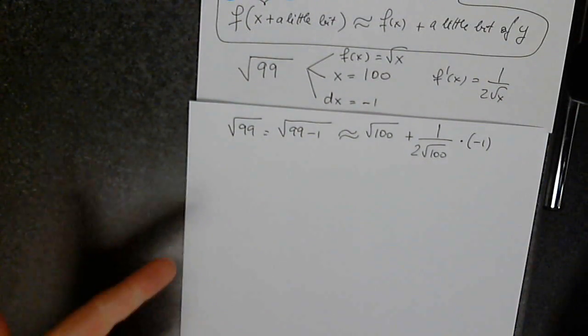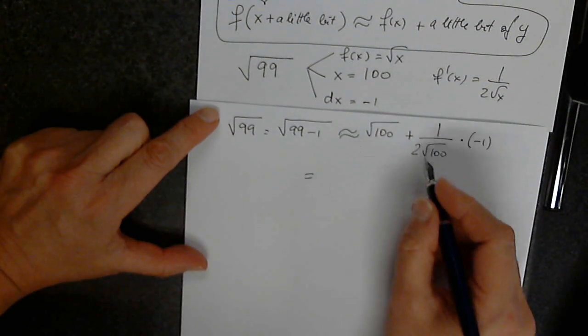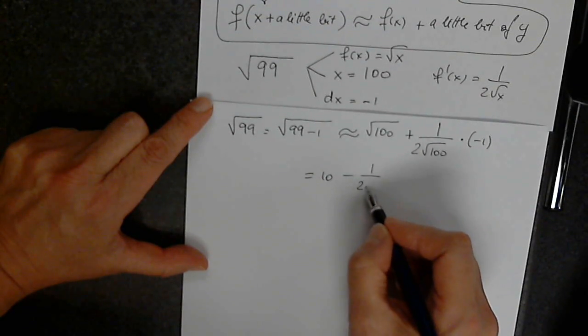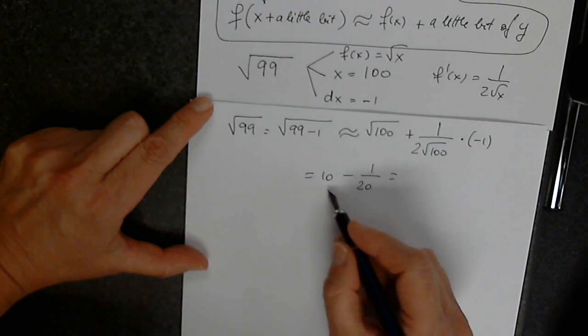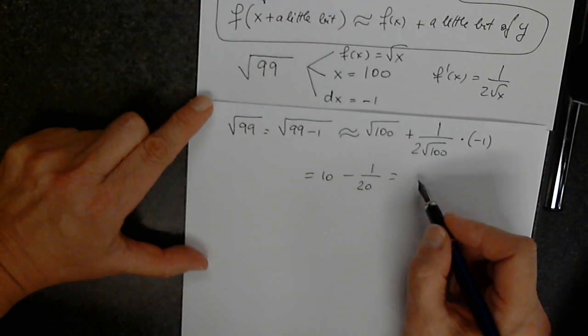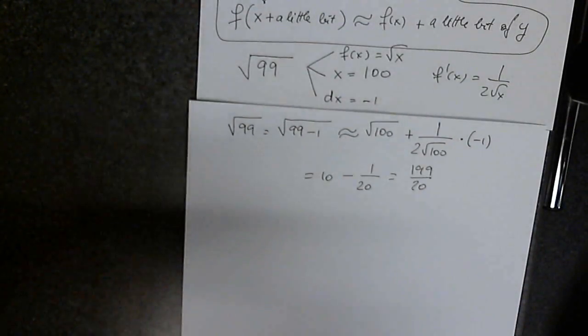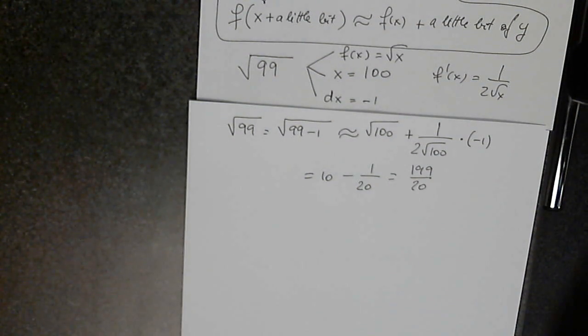So now I'm going to ask you in a moment, after we finish this, which is 10, and this is negative 1 over 20, which is 200 minus 1, which is 199 over 20. So which one would you prefer to calculate, the square root of 99 or 199 over 20?